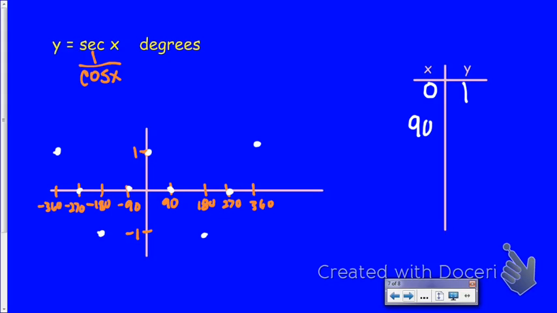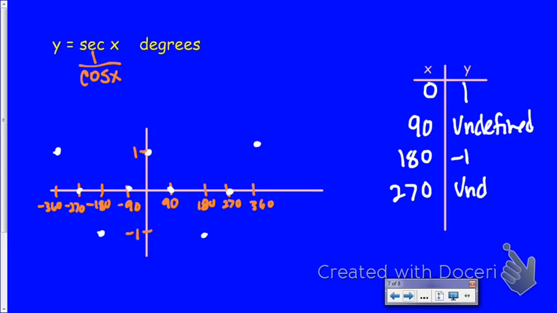Now if I plug in 90, the cosine of 90 is 0, which means the secant of 90 is the reciprocal, and we just talked about with tangent and cotangent that this reciprocal is undefined. The cosine of 180 is -1, so that is still -1. But again, at 270, the reciprocal of 0 is undefined. So I need to see what happens on my graph as I approach that undefined value.